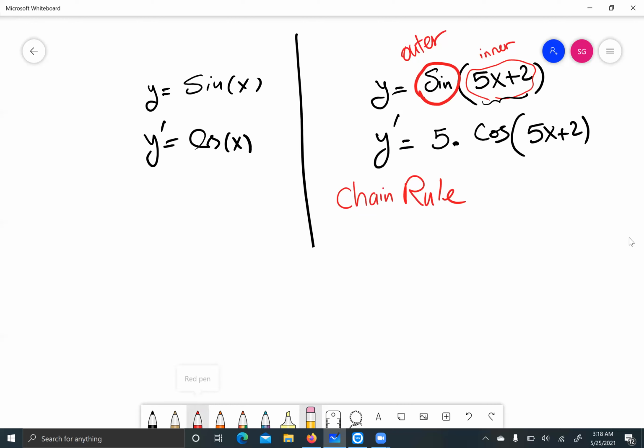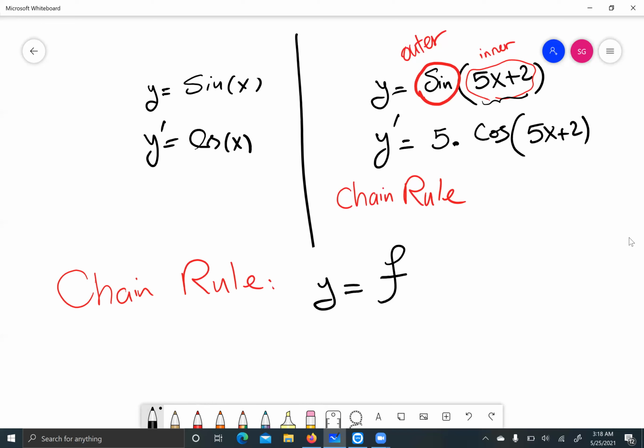So I just want to refresh your mind of what the chain rule was. In the chain rule, you have a function that is a composition of two functions. So for example, you have f of u of x. So f is a function, u is a function, and this is a composition of those two.